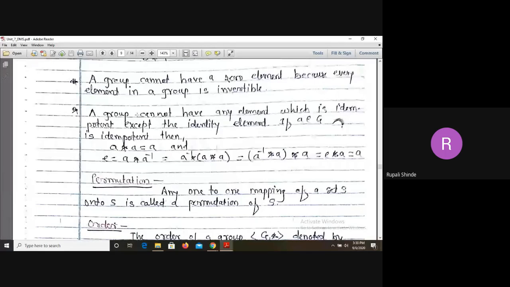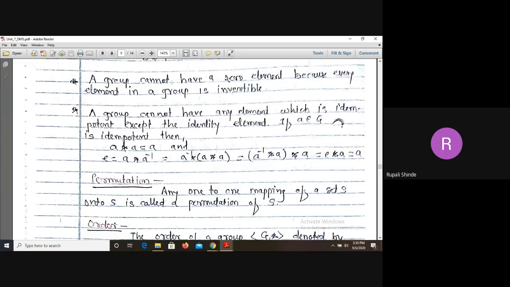Here they have given that a group cannot have a zero element because every element in a group is invertible. If you consider element 1, the inverse for 1 is minus 1. Likewise, if you consider 2, then the inverse for 2 is minus 2. This is the meaning of the statement that the group cannot have a zero element.